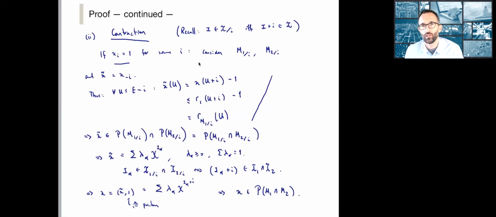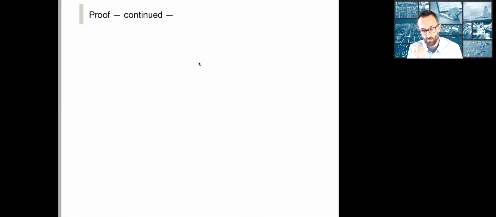We have one final case to consider. We used deletion if x had some coordinate that was equal to 0. We used contraction in the event that x had some element that was equal to 1. So we have just one final case to consider, and this is where we're going to use the lemmas.